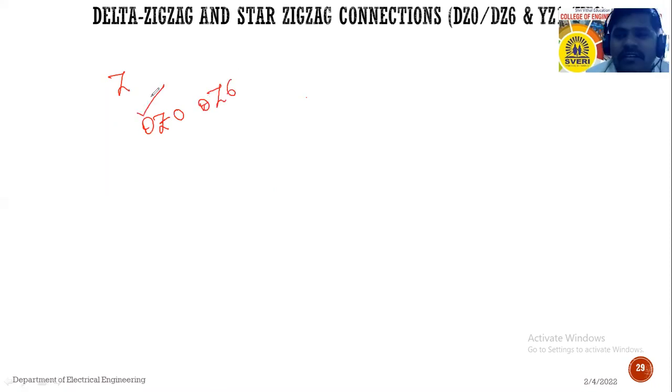That means the primary of the transformer is connected in delta, the secondary is connected in zigzag, and the angle between these two is 0 degree, or in the second case 180 degree phase shift. In case of star, it can be represented by YZ1 and YZ6.